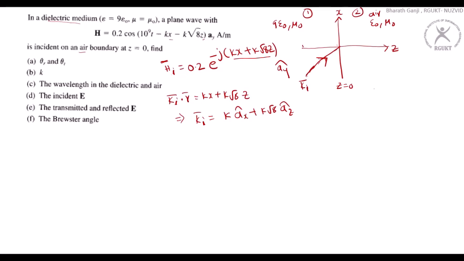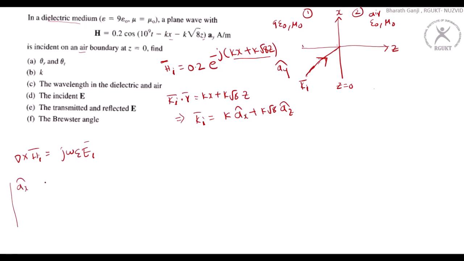Okay, to calculate the electric field, there are two ways to do it. Let me go with the first way, the incident electric field. Because we have this equation, del cross Hi bar is equal to j omega epsilon times the electric field, all you have to do is take the curl of your magnetic field.